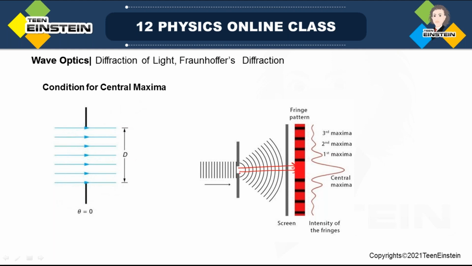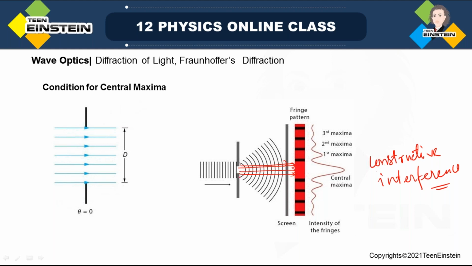All of them have the same path difference when they reach the middle portion of the screen. So that's why there will be constructive interference, and this constructive interference will give you the brightness over here.